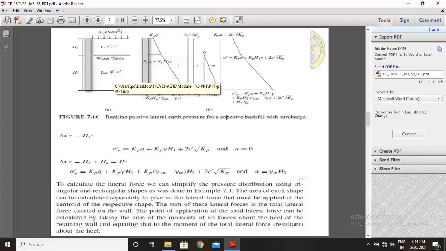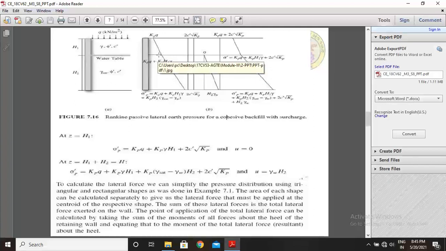So how do we plot the pressure distribution diagrams based on these conditions for vertical walls? The same as before: this distance is due to surcharge, that is Kp into Q, as we calculated earlier with K into Q. And this lateral earth pressure is calculated as Kp into H1 into gamma.